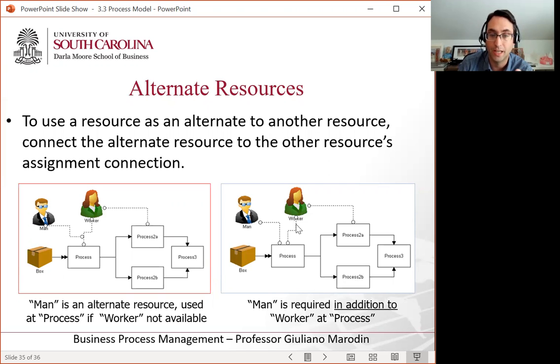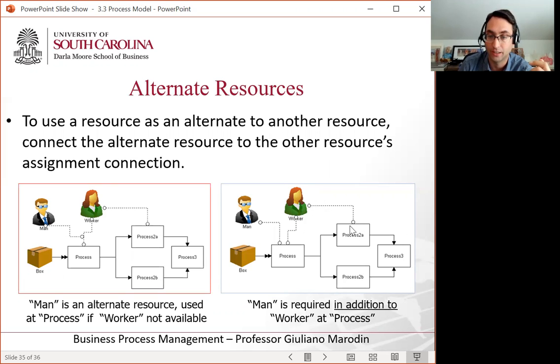What does that mean? It means that both workers are being used at the same time. Whenever the product arrives, both workers get the process and are using their time at the same time. So it should be used when the process needs two people at the same time.